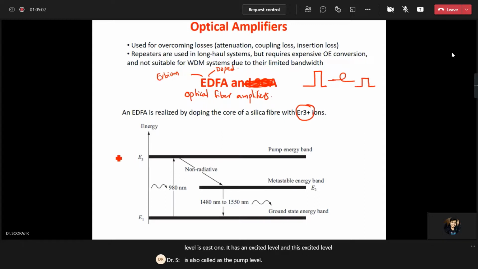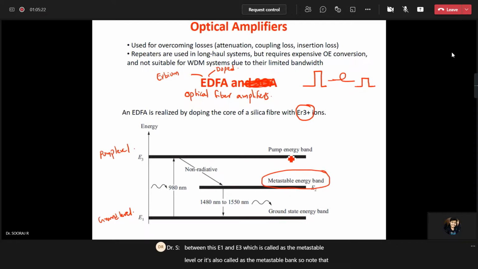So E3 is the pump level. This is the ground level. And there is an intermediate level between E1 and E3, which is called the metastable level, or also the metastable band. Note that a band is nothing but a group of energy levels that are closely spaced.